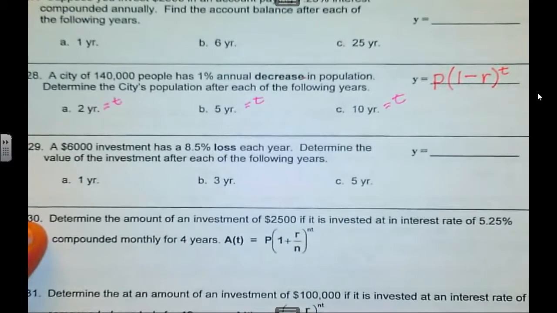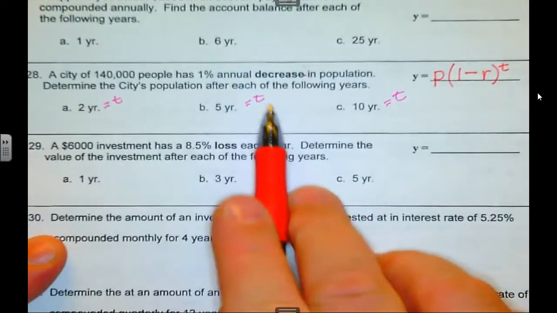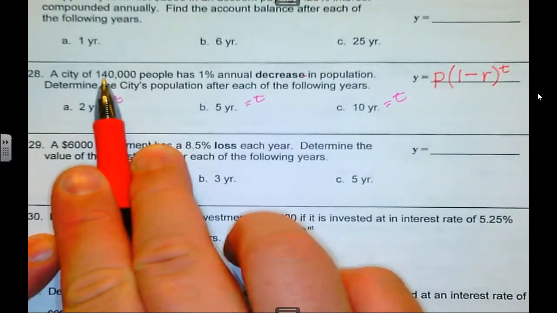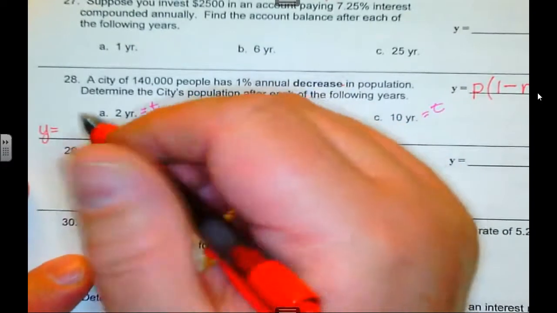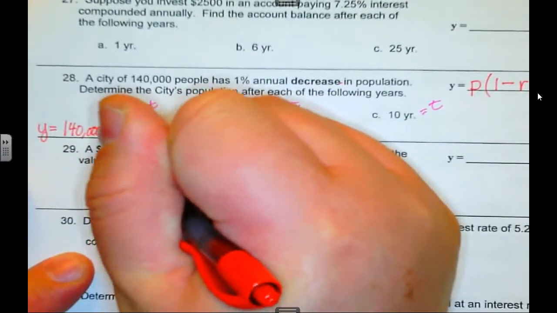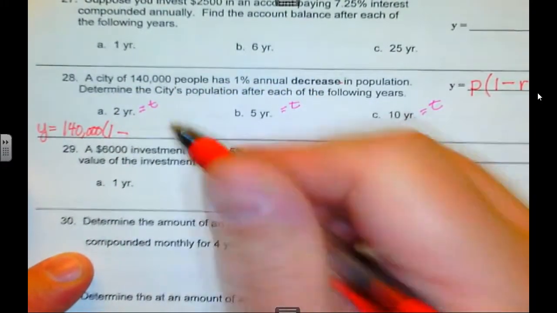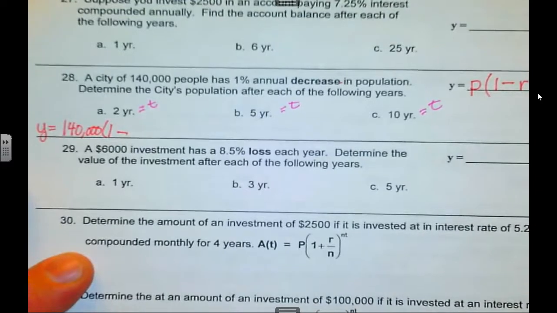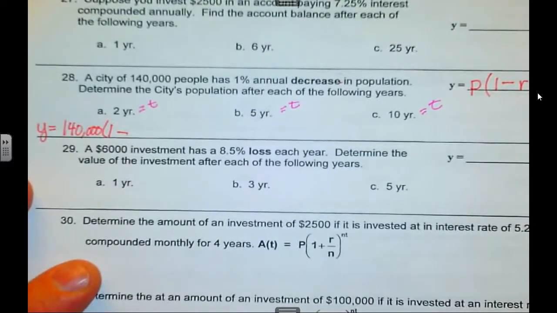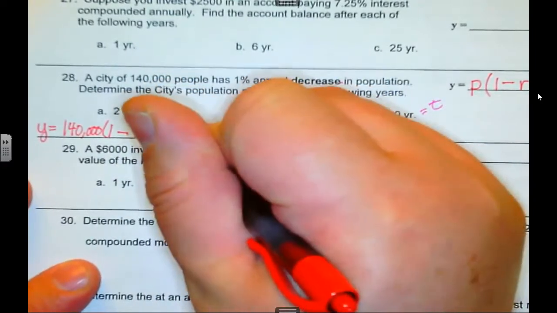So I have 3 different problems. So the first one I have y equals my p, 140,000, one minus, because it's a decrease, r, 1%. How do I write 1% as a decimal? 0.01. And this one's 2.